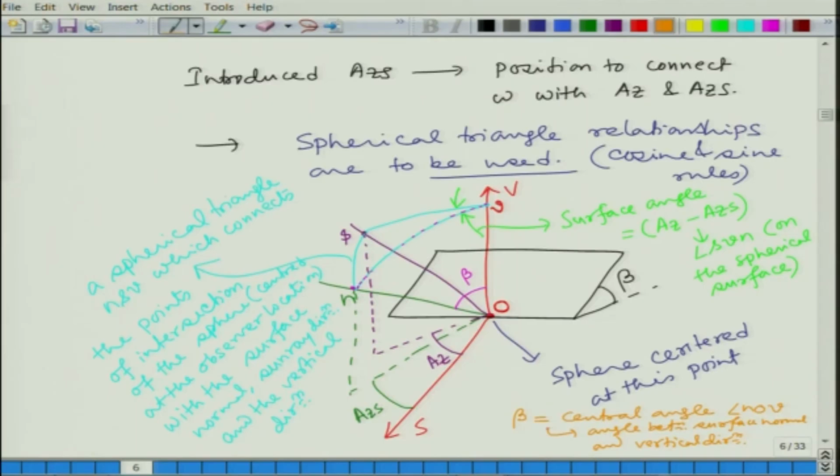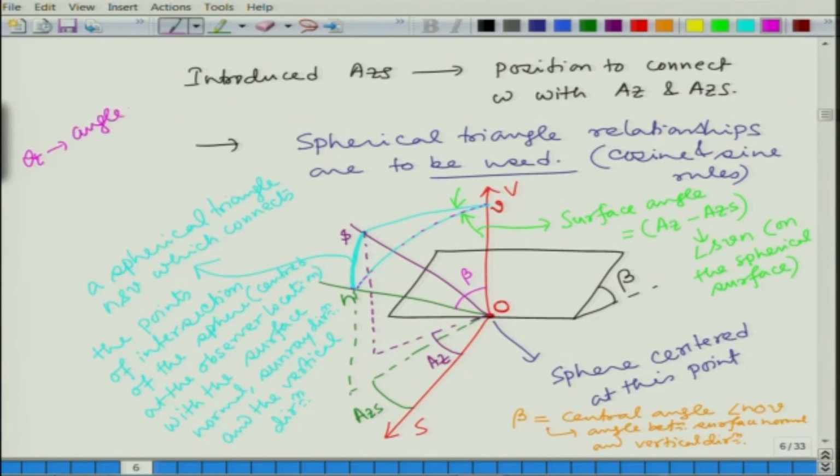The other angle that we can see here is this one. Okay. This is again a central angle. So, that angle is our theta, the angle of incidence. Let us say theta t, where t stands for the tilted surface.